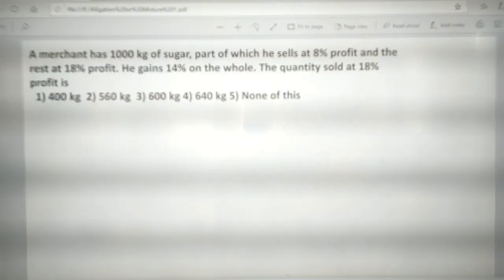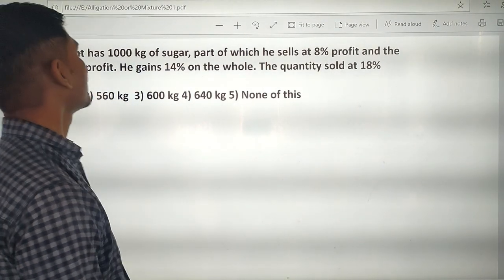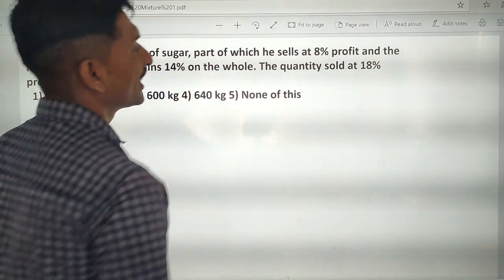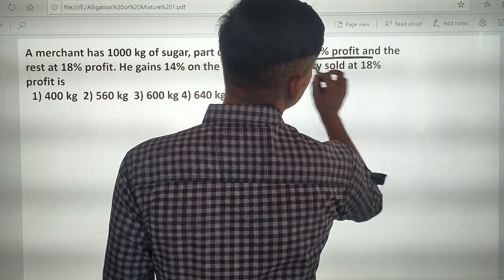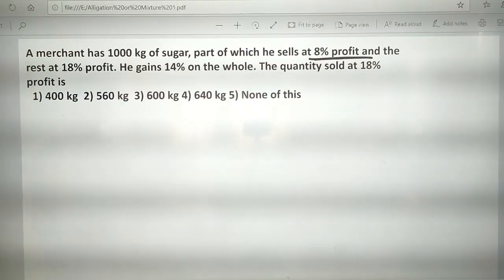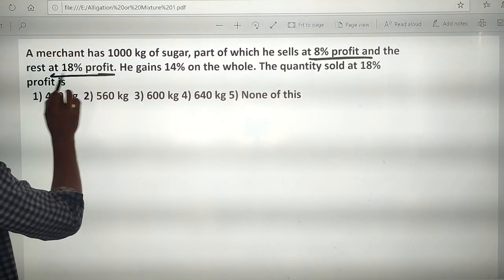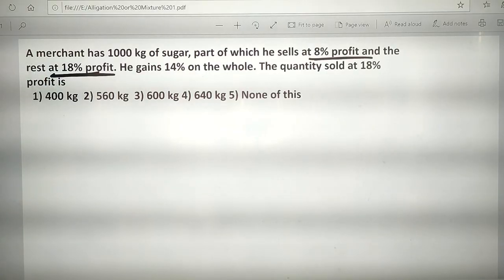A merchant has 1000 kg of sugar, part of which he sells at 8% profit and the rest at 18% profit.